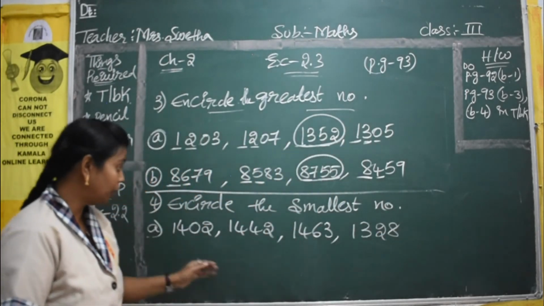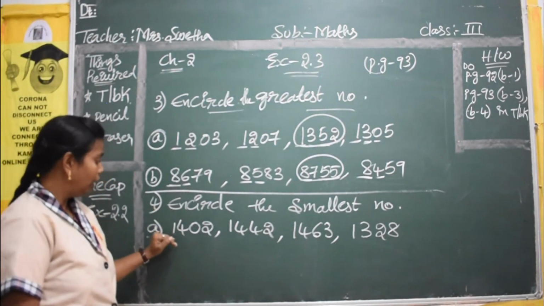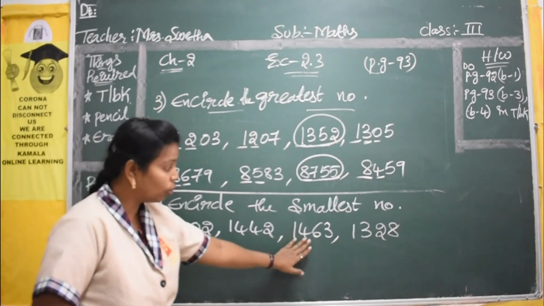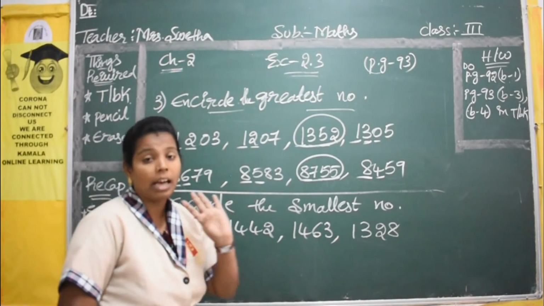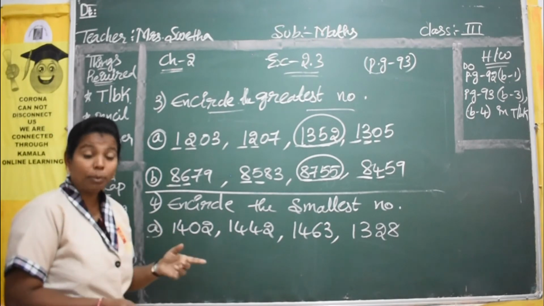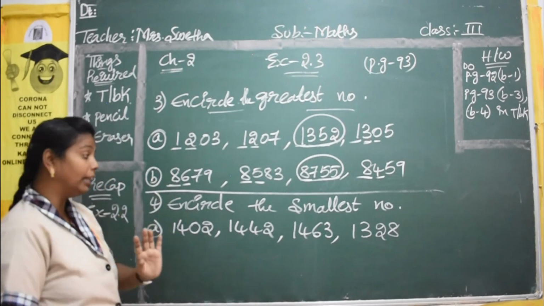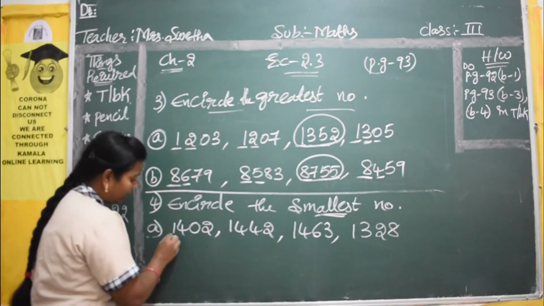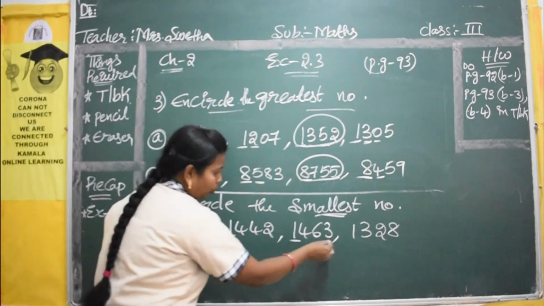So this is about your first question in your fourth bit. You have all the four sets here, and in these four sets, if you observe, all are having four digits. So you have to check each and every digit, but here you have to identify the smallest number. See, 1, 1, 1, 1.